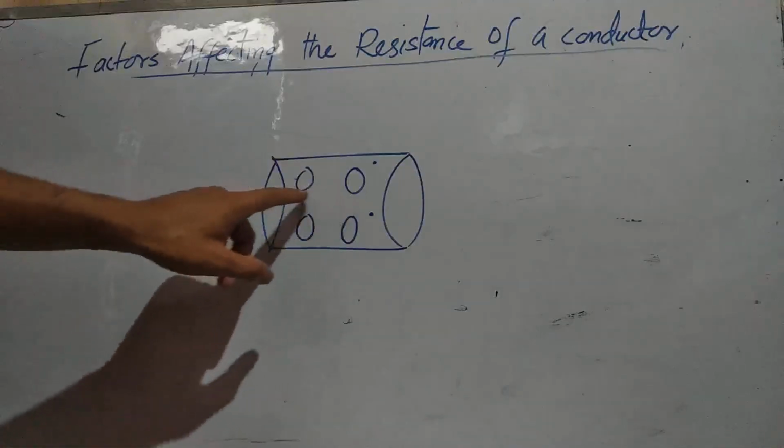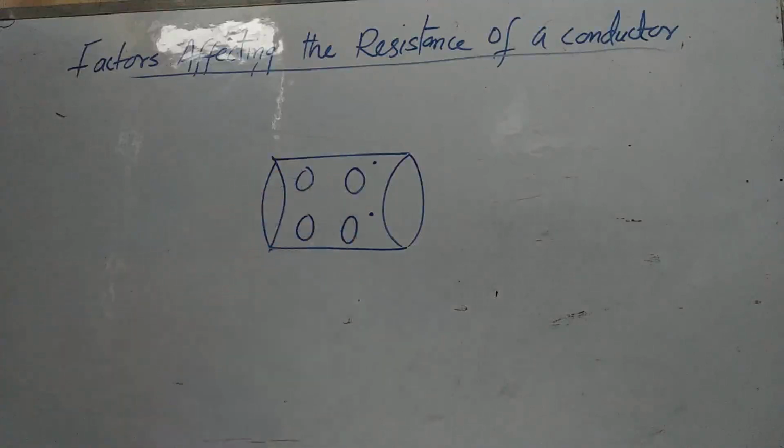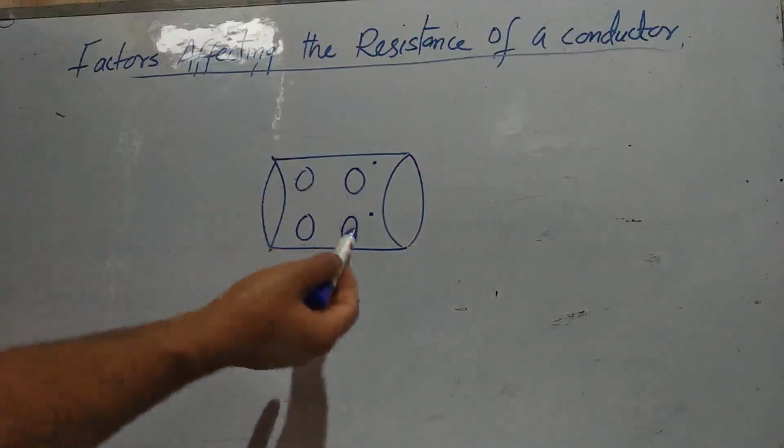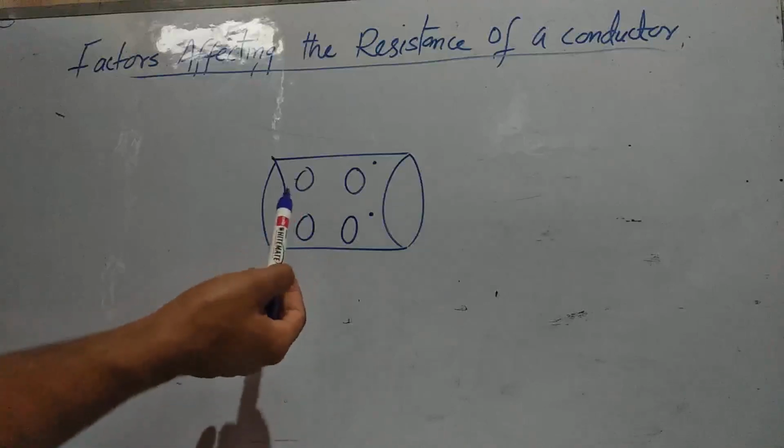That arrangement is called the lattice. For example, suppose there are four atoms: 1, 2, 3, and 4. And there is a specific arrangement of these atoms.